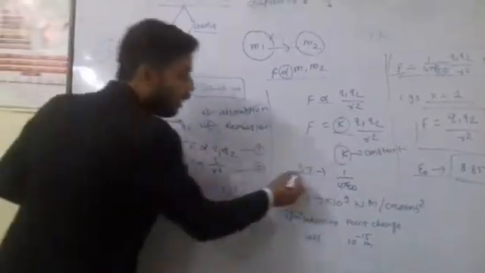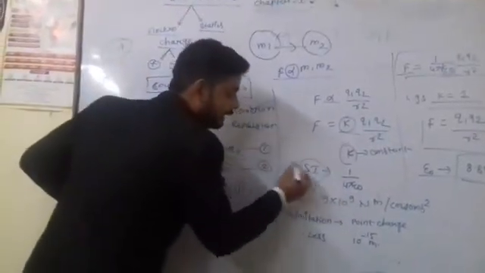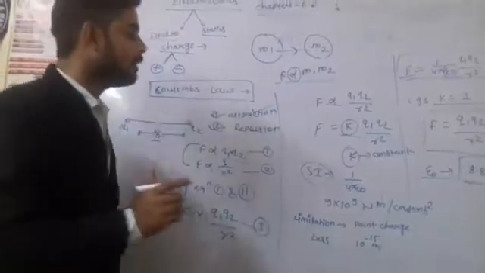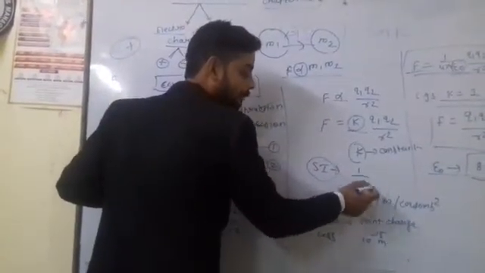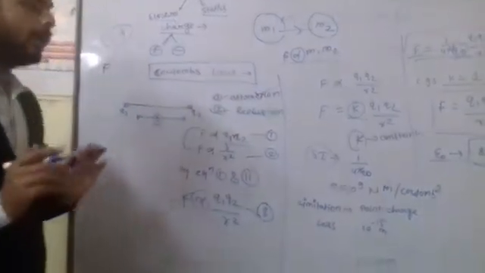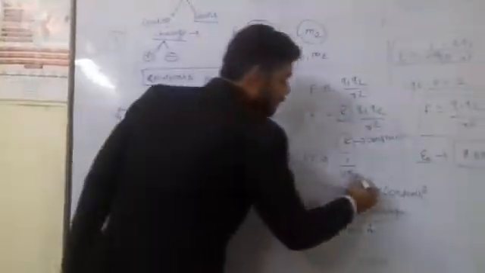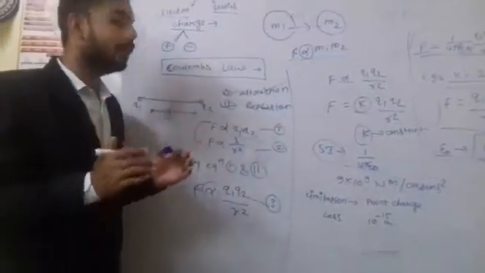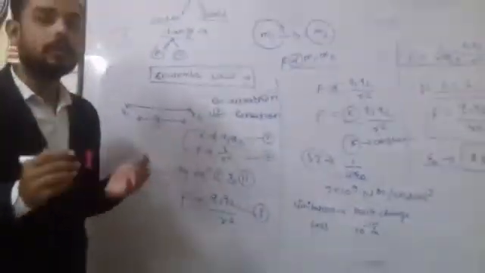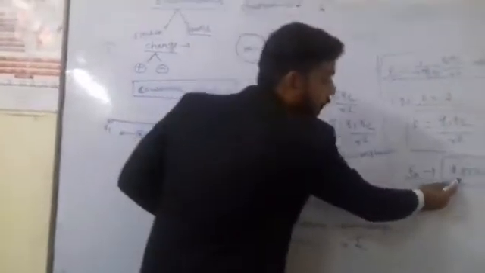If we talk about the international system, the SI system, the value of K is 1 upon 4 pi epsilon naught. Where epsilon naught is the permittivity of air or vacuum, whose value is 8.85 into 10 to the power minus 12.